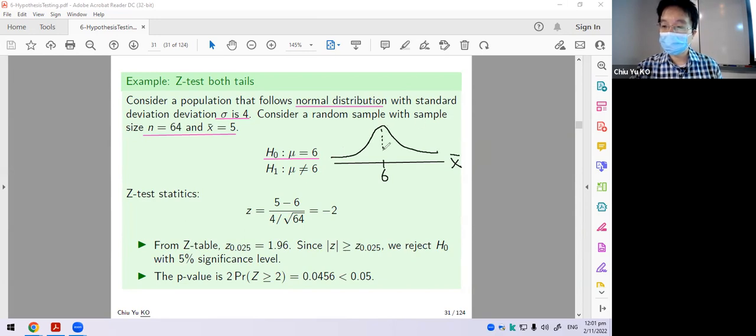The bell shape comes from here, this is 6, and the variance is sigma squared over n. Here the alternative is mu is not equal to 6.